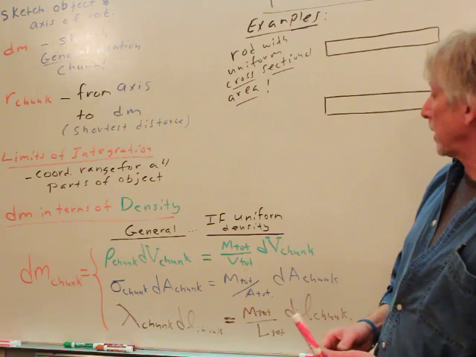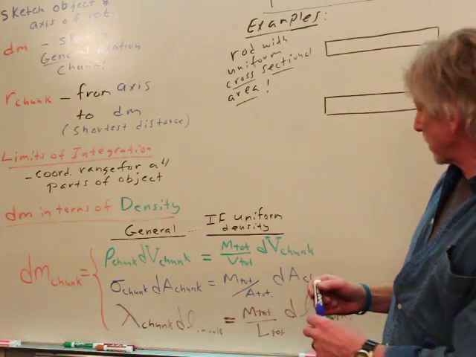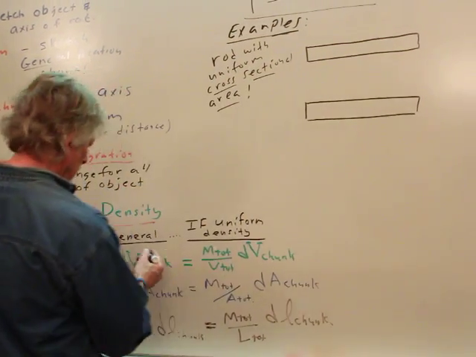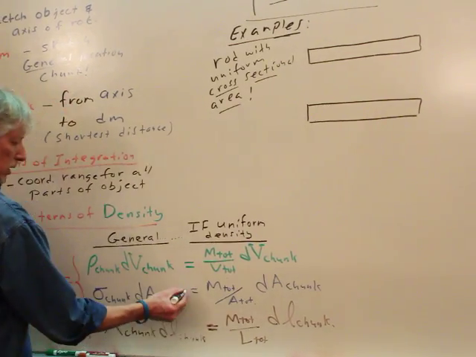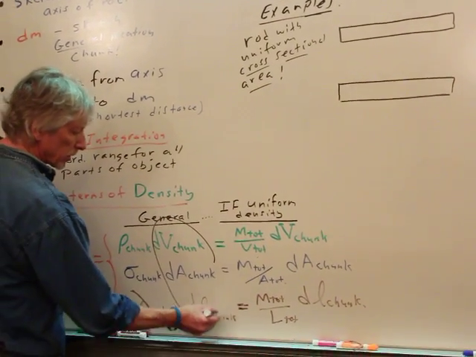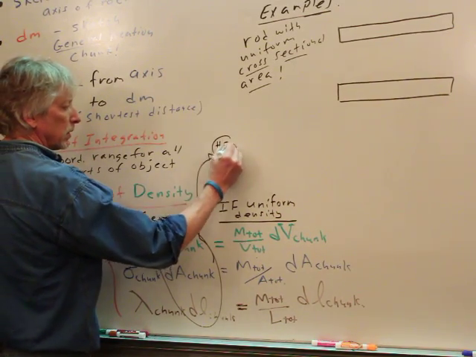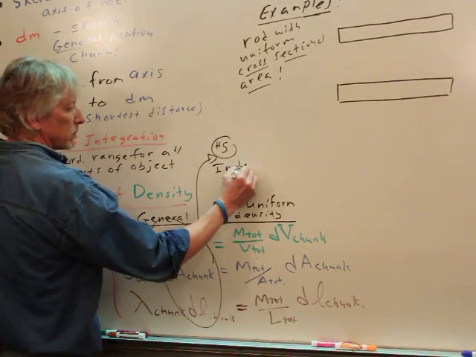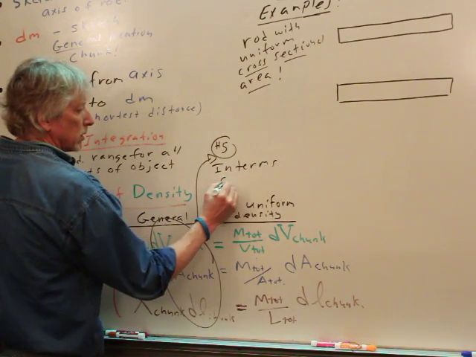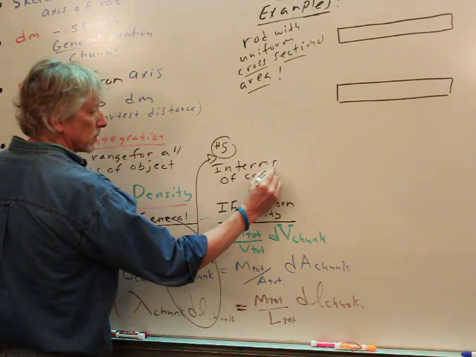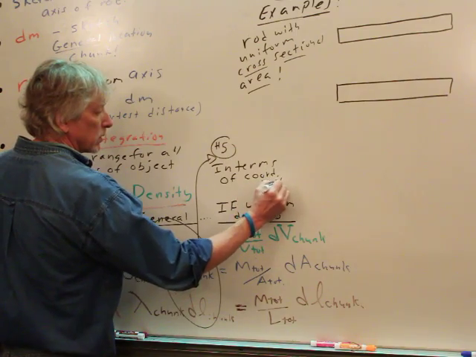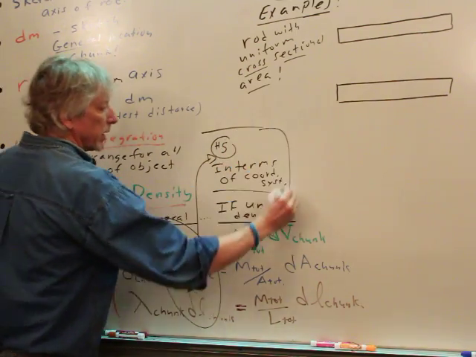Now we're going to need, I'm going to put it over here, it could be here or here. I guess I'll circle it right in here. Number 5, in terms of your coordinate system. Okay, let's see what I mean by that.